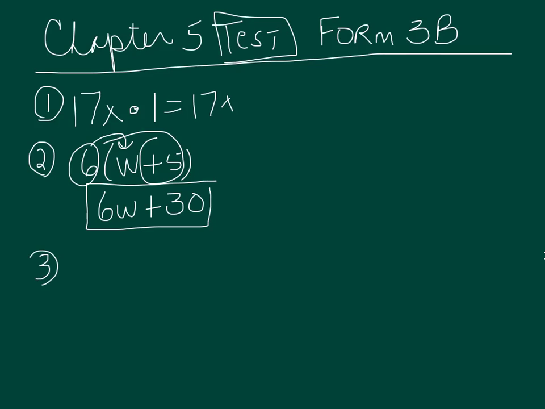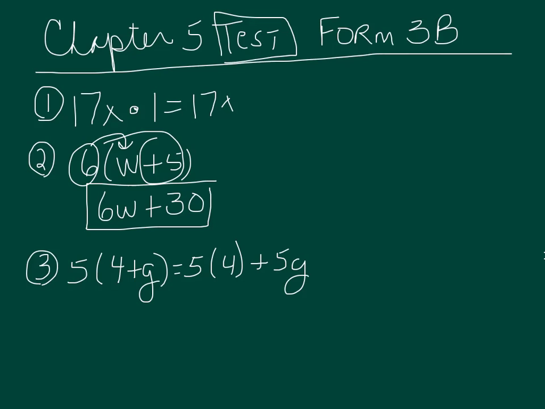Number 3 says, name the property, and that's the law, that is shown by the equation 5 times 4 plus g equals 5 times 4 plus 5 times g. Isn't that what we just did here?